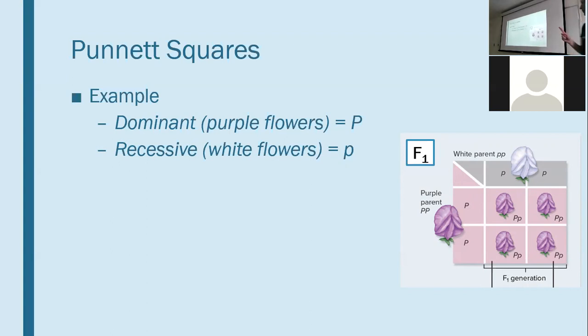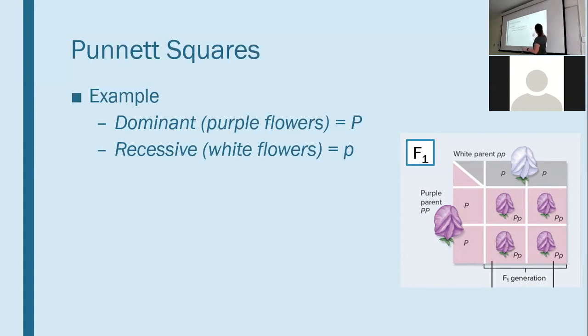Now, if you cross these, because the trait purple is dominant to the trait white, all your offspring are purple, right? Because no matter which allele goes into this flower's gametes, it will make purple offspring. If you get the purple allele, you are purple, end of story.